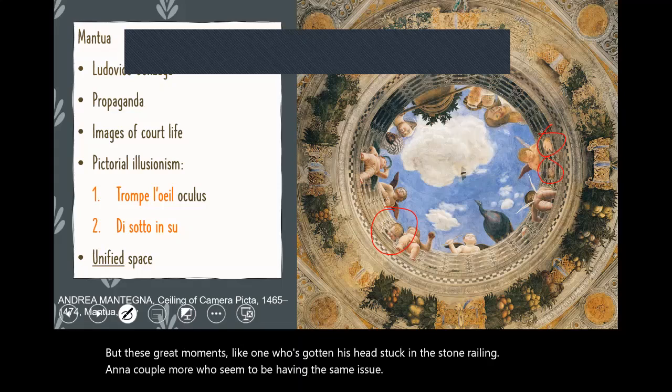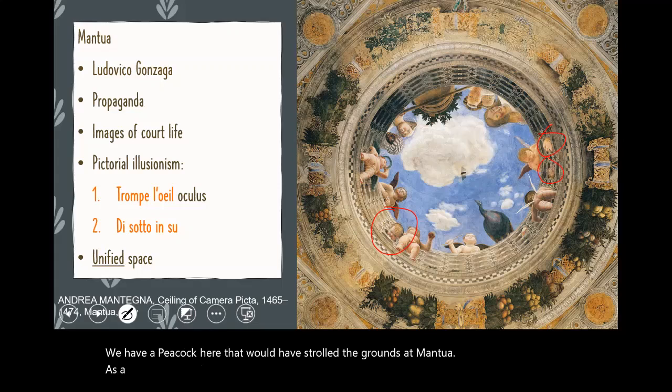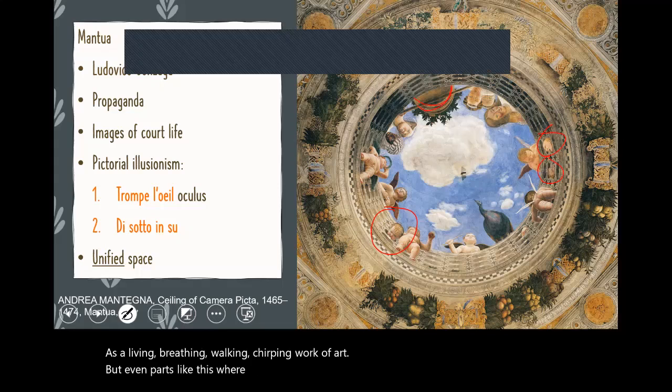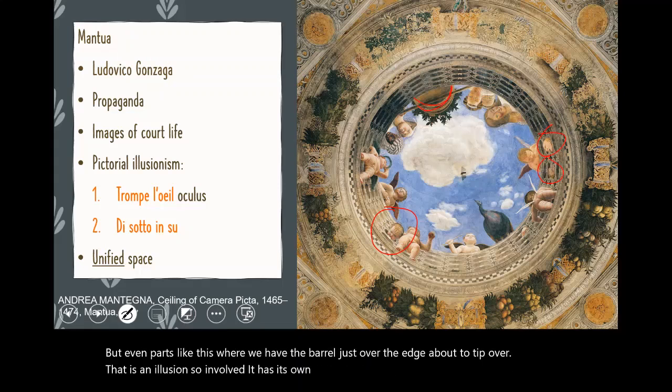We have a peacock here that would have strode the grounds at Mantua as a living, breathing, walking, chirping work of art. But even parts like this, where we have the barrel just over the edge, about to tip over, that is an illusion so involved it has its own name, di sotto in su.